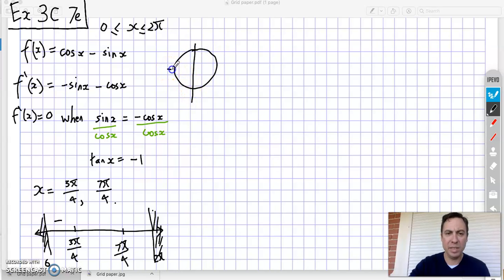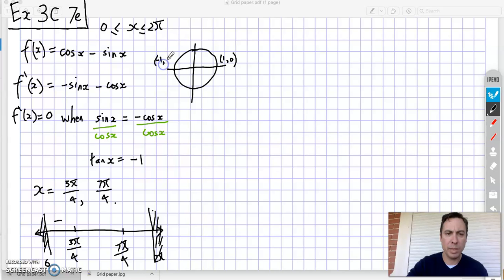So the first value that I thought about was angle of 0, or x equals 0, where cos is 1. Now I'm going over to the angle pi and seeing what the gradient function, or the first derivative, is doing there.